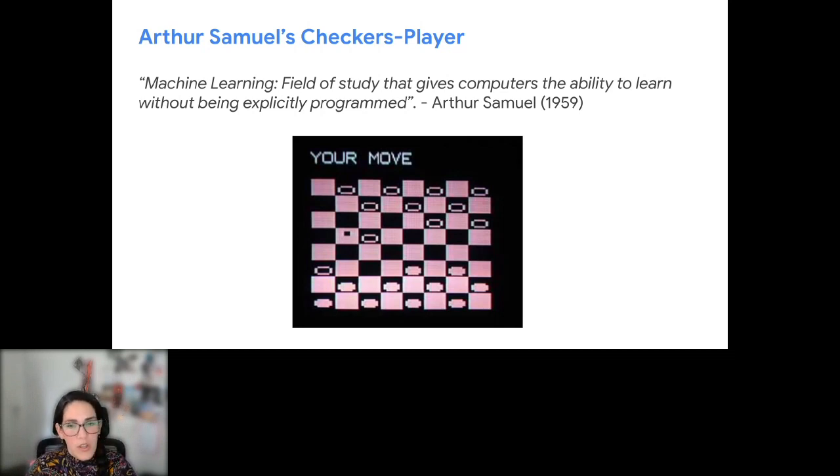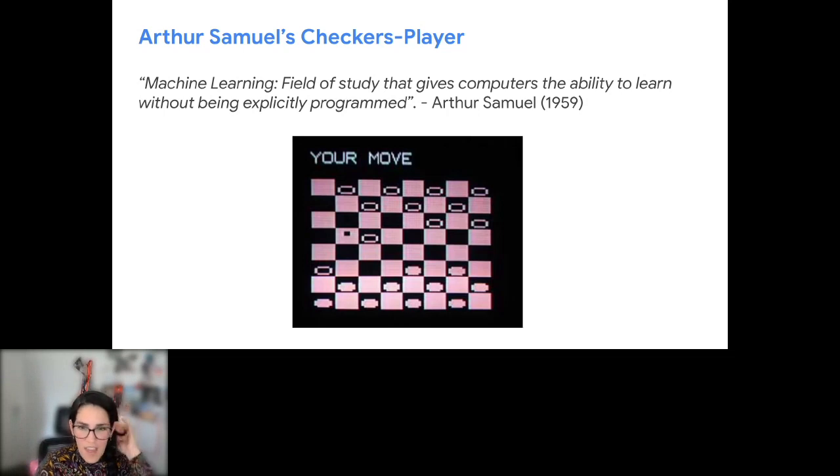He used some machine learning techniques to improve the way the machine was playing checkers, and the way it learned was by playing by itself several times, and each iteration would make the machine play better and learn, and it would get more skilled at the game.